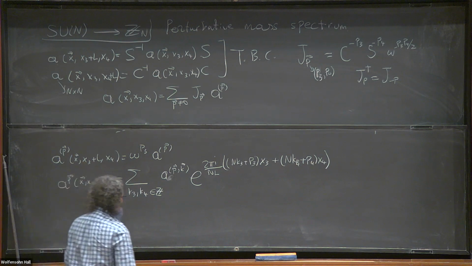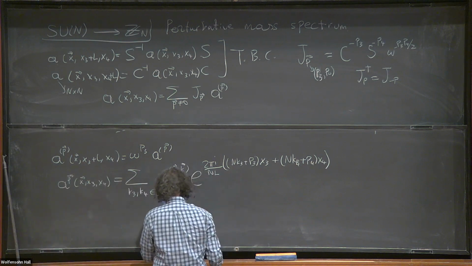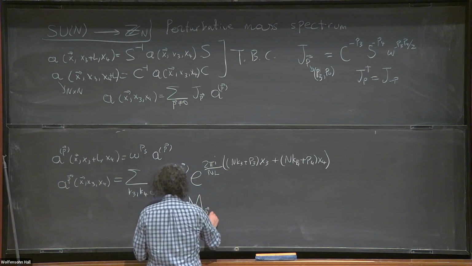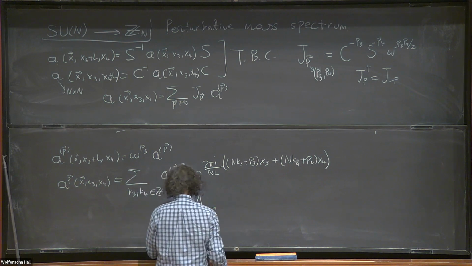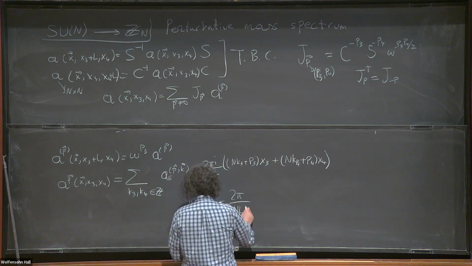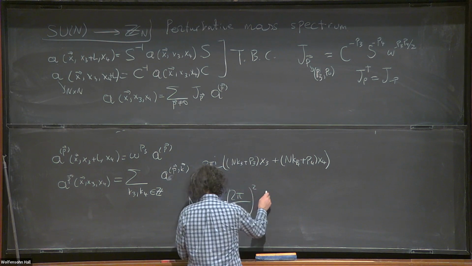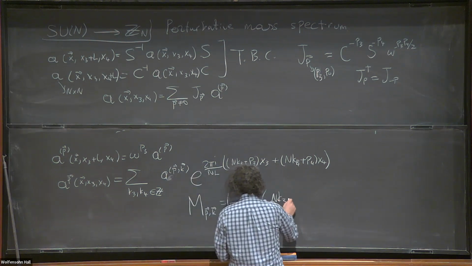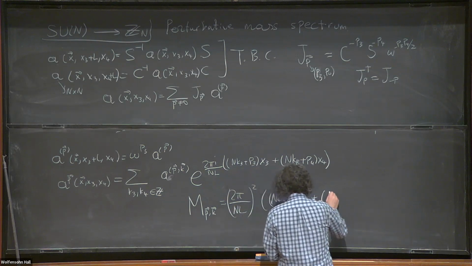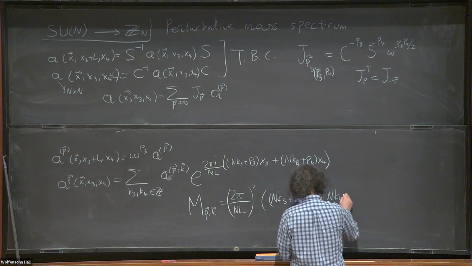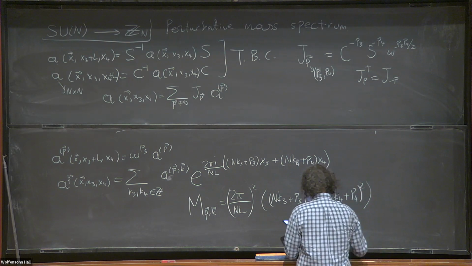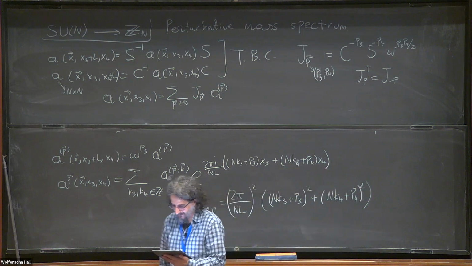So these are the momentum modes, and this will tell you that the mass squared for the (P, K) components will be (2 pi over NL) squared times [(N K3 + P3) squared plus (N K4 + P4) squared]. This is the perturbative spectrum.